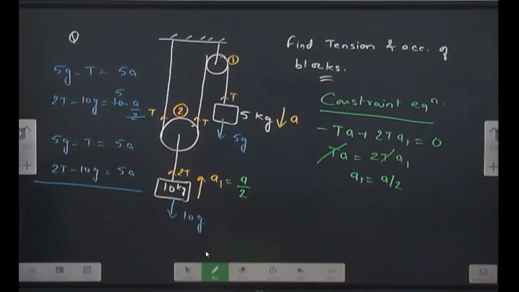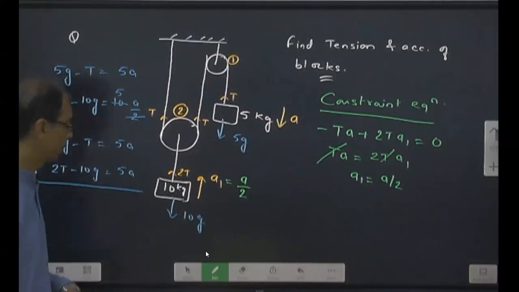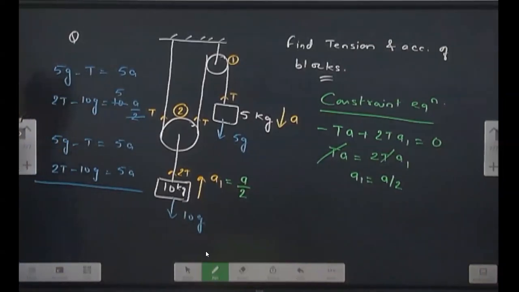Did you understand? Students, are you understanding? In the previous question, we did in the same way only, no? But let me go back, okay? I'm thinking that their acceleration, we did not take A by 2.